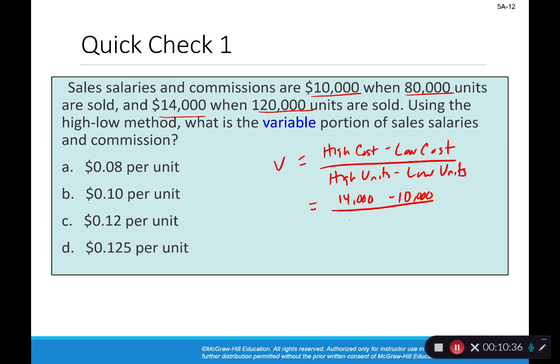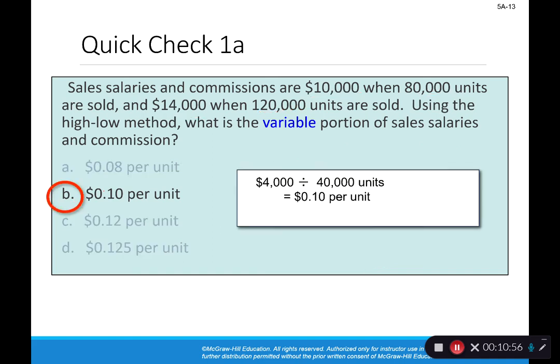The high units are 120,000. And the low is 80,000. So that gives me 4,000 over 40,000, which with my limited math skills, and they are limited, I believe comes out to 10 cents. And there's the short calculation. The difference in dollars is 4,000. The difference in units is 40,000. And indeed it is 10 cents.